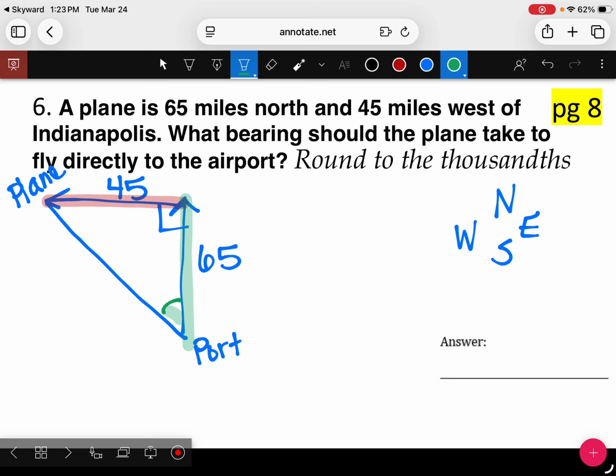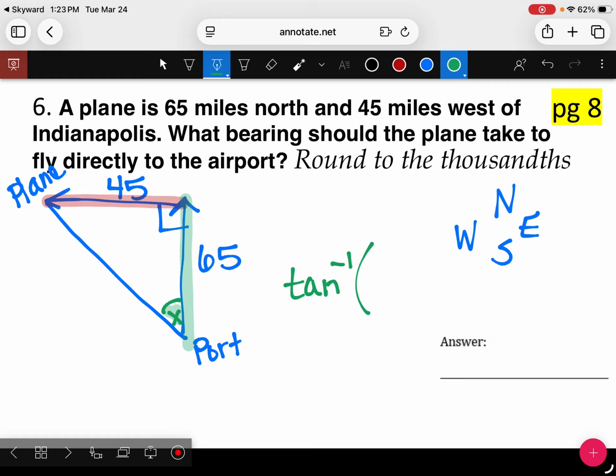So that's my angle. So to find that angle, I'm taking the inverse tan. Oh, you put cosine, Daniel. That's what the problem was. It's not cosine. It's tangent. So it's opposite over adjacent.